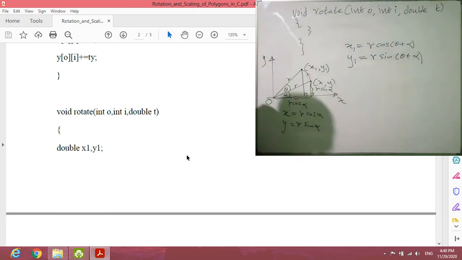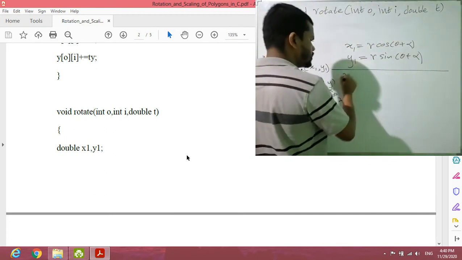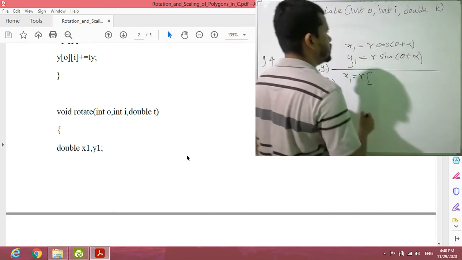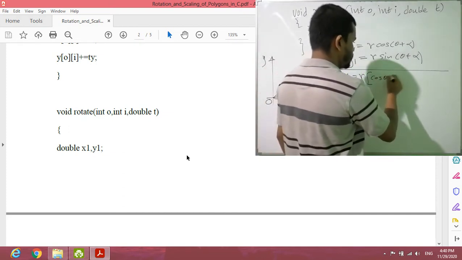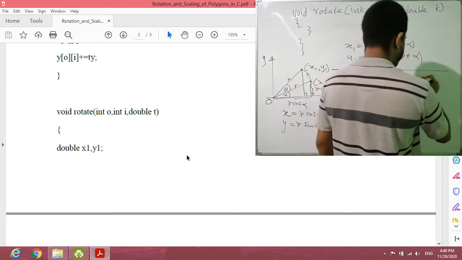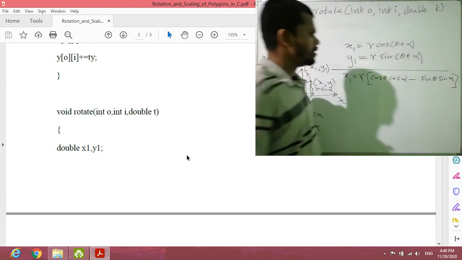So if you consider these two, first let's consider x1, then we can expand it like this: cos theta cos alpha minus sin theta sin alpha, okay.